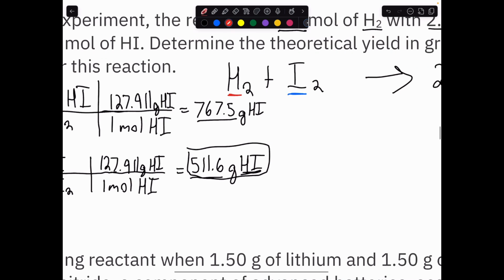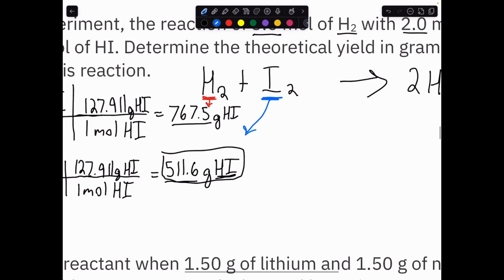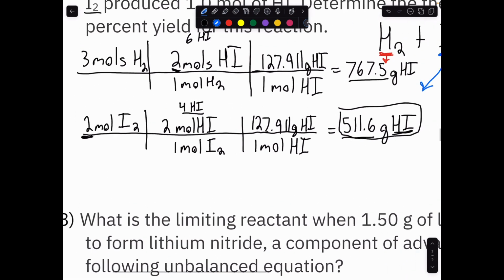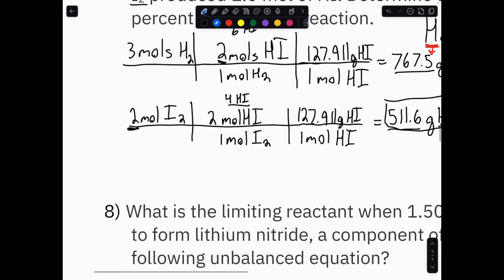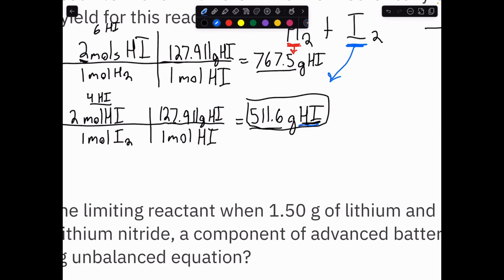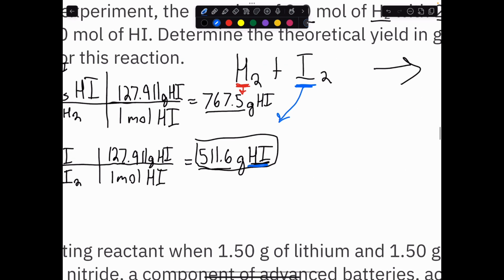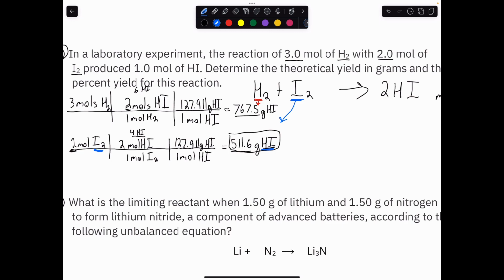And if we use all of this amount, we're going to get a big number. However, that's our big number. However, if we use all of this amount, we only get this much. And so because it is the smaller amount produced, that's what makes it limiting. Because once we use all of this I2, we only produce this much HI. And normally the limiting reactant is going to be the smaller value.